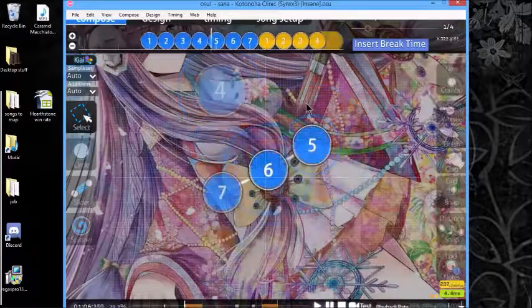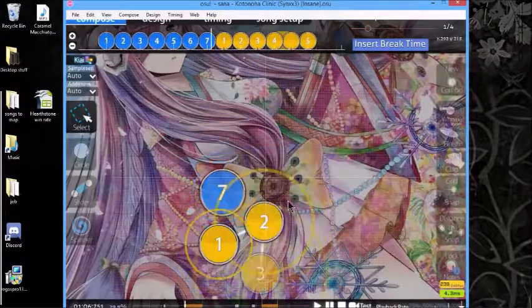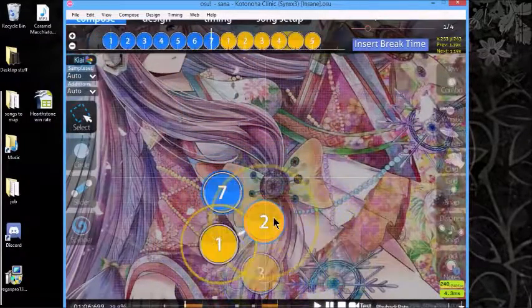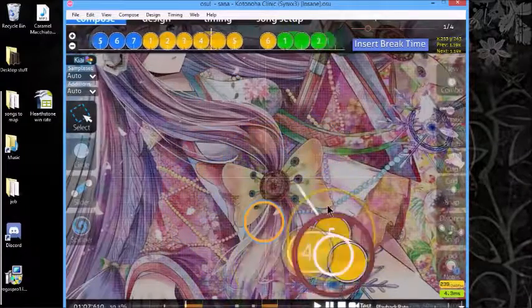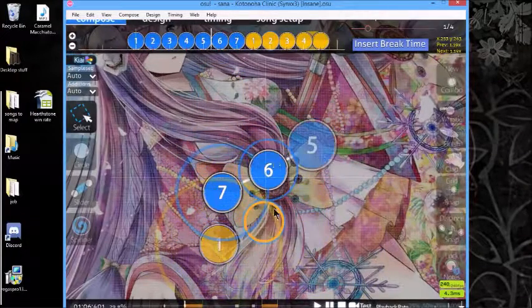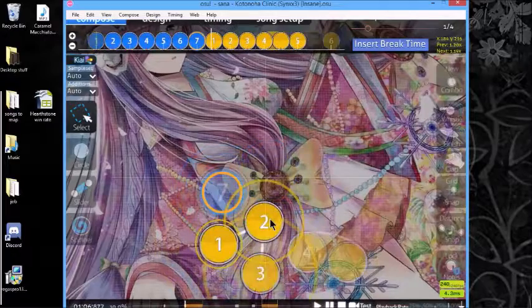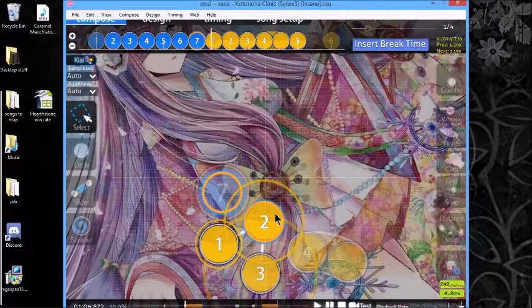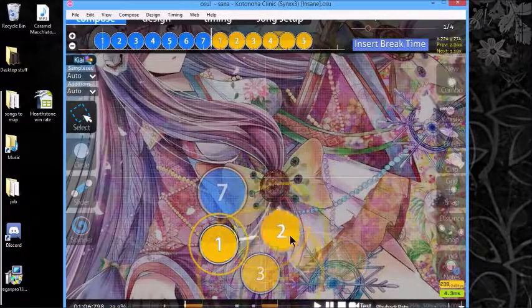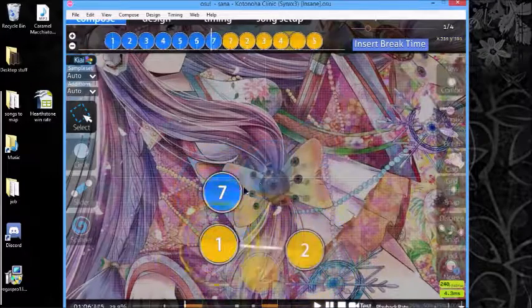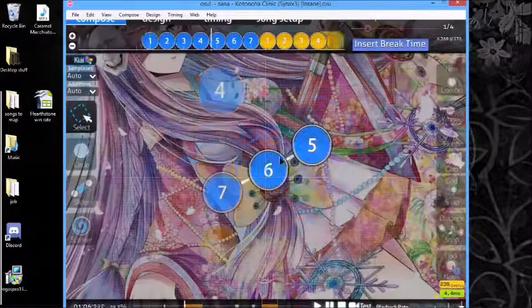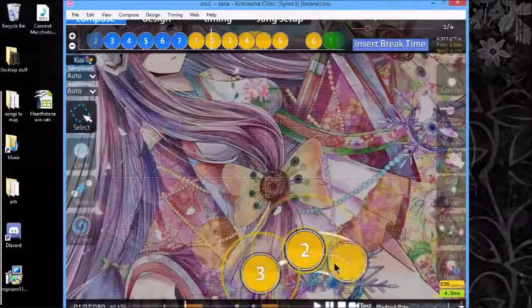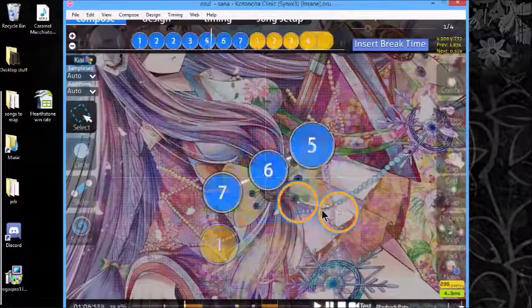So if we were to continue, we would want to jump here, which means we could do something like this. Oh, just put it here. Maybe something like that.